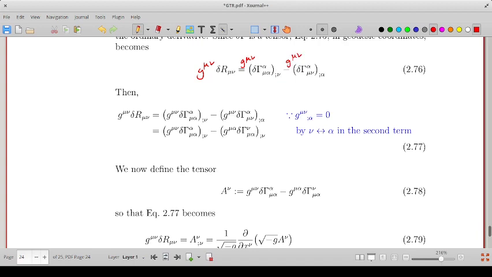But now the covariant derivative of the metric tensor g mu nu is 0, and therefore I can take this quantity inside these brackets. Similarly, this also inside these brackets. So I will get g mu nu delta R mu nu equal to g mu nu delta gamma alpha mu alpha semicolon nu, and similarly in the second term.